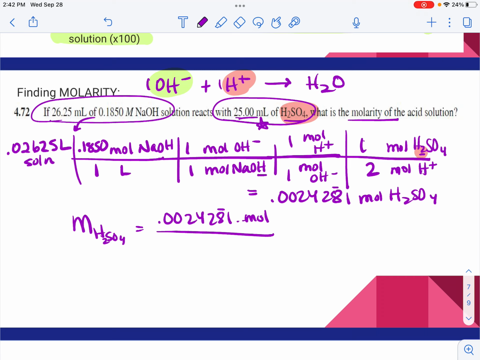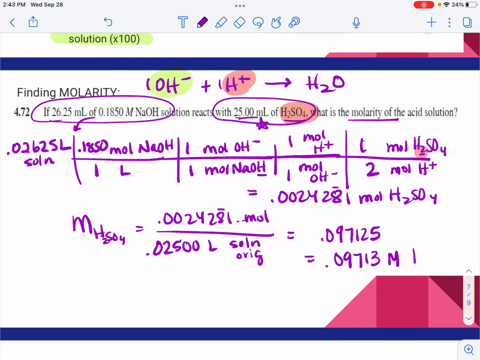So this will be 0.02500 liters of solution originally. All right, that's going to give me a molarity of 0.097125, which comes out to, with significant figures, I actually have 4, so 0.09713 molar H2SO4.